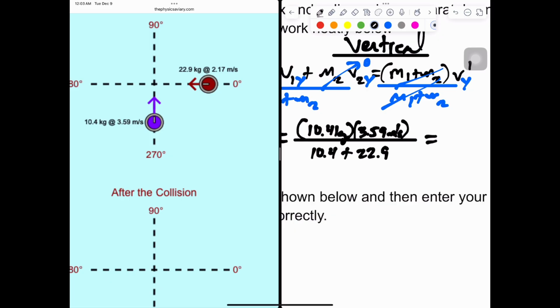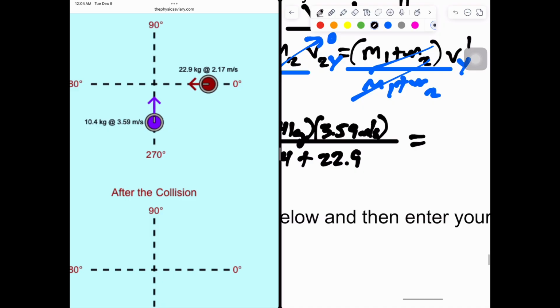So I'm going to go open parentheses, 10.4 times 3.59, close parentheses, divided by open parentheses, 10.4 plus 22.9, close parentheses. I'm looking at a velocity here of about 1.12 meters per second.